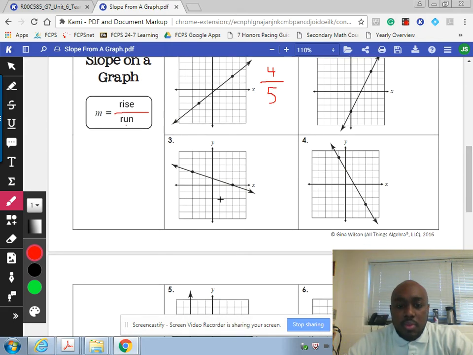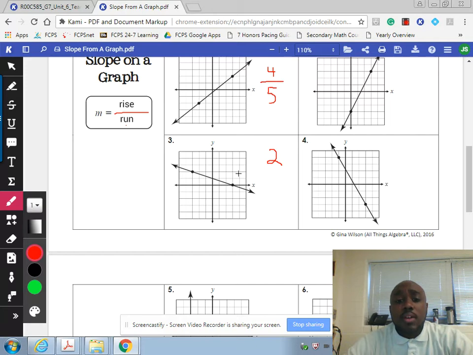Let's do another example. Let's do number 3. Let's see what our rise is going to be. We have 1, 2. Since we're going up, it's going to be positive. So that's a positive 2. And now we have 1, 2, 3, 4, 5, 6. Before we finish this problem, I want to ask you, anytime we move left on the number line, the numbers are always what? Exactly, they're always negative.